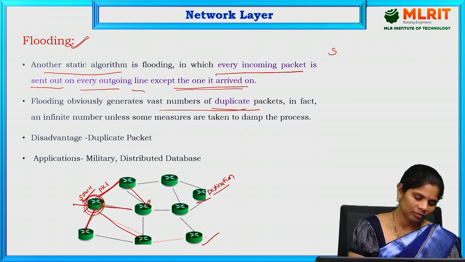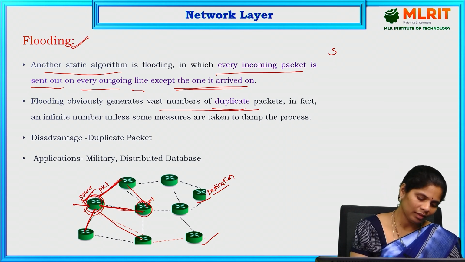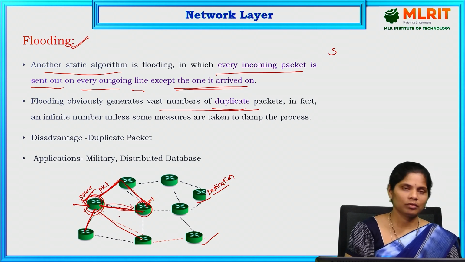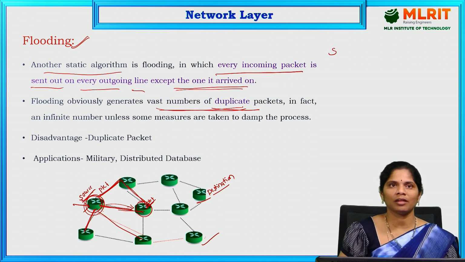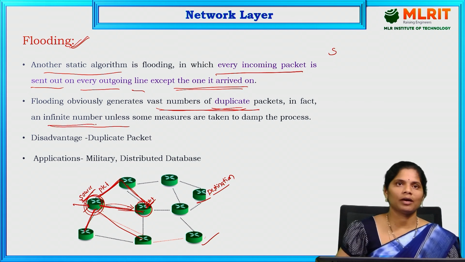Till here it is reached. Suppose this packet is sent to this route, there may be duplication of this packet because the data is already sent on this route. Again, we are sending that packet using this particular route. That's why there may be duplication. A vast number of duplicate packets are there in the flooding concept. In fact, an infinite number of packets are going to be there.